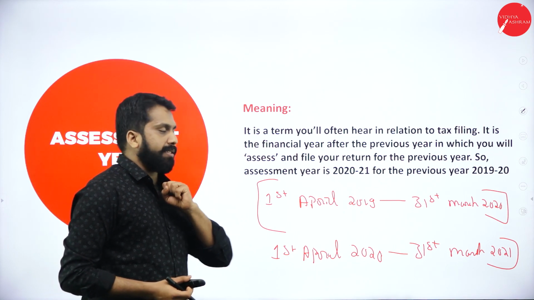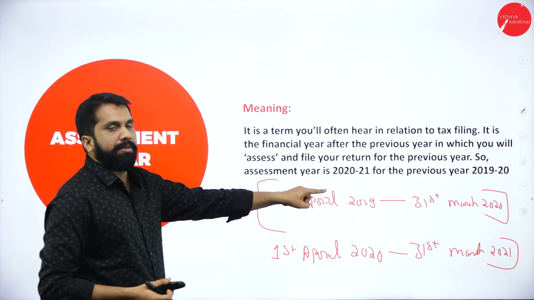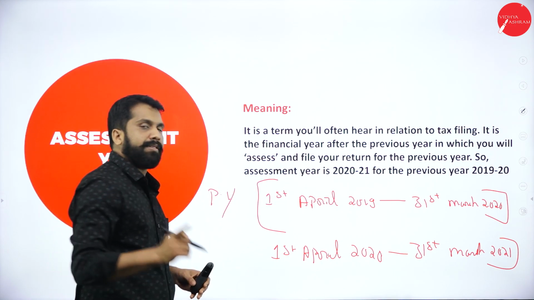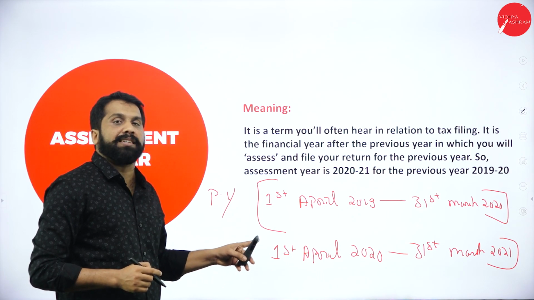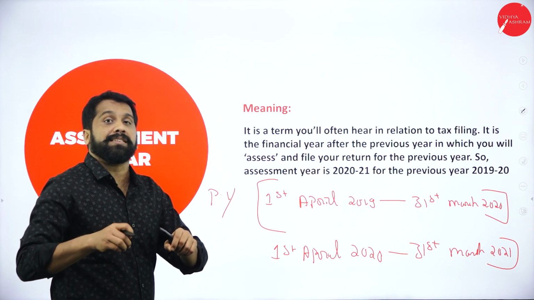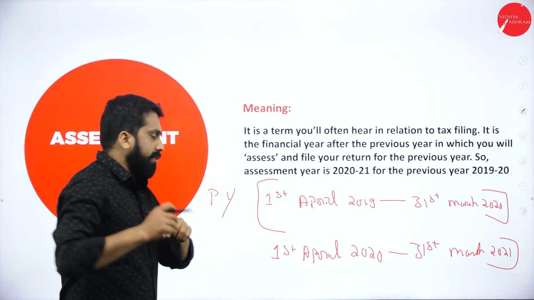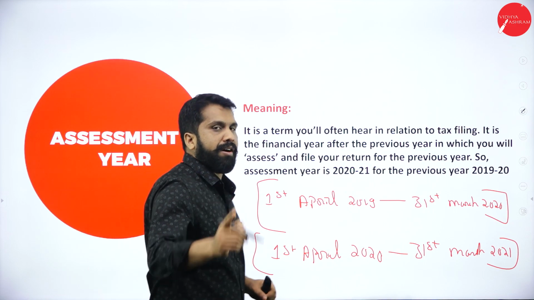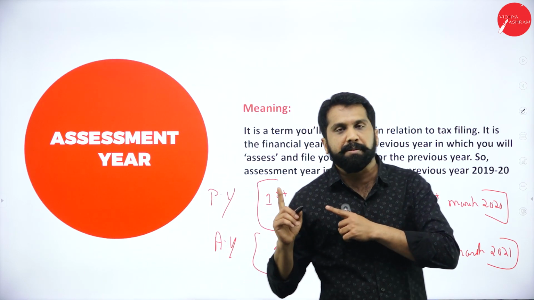Clear? Now, whatever income you earned, that we call the previous year. When you are calculating tax now, that is called the assessment year. Hope you are clear. So always remember this.